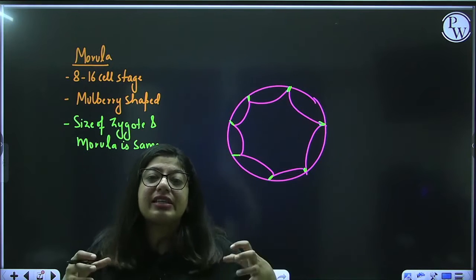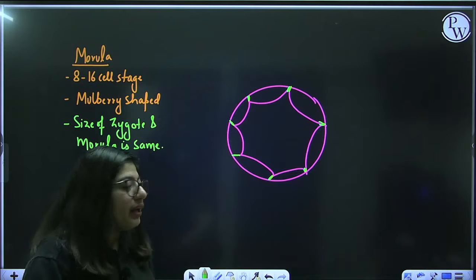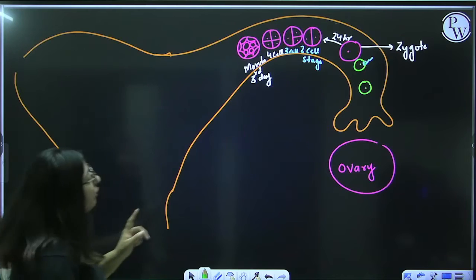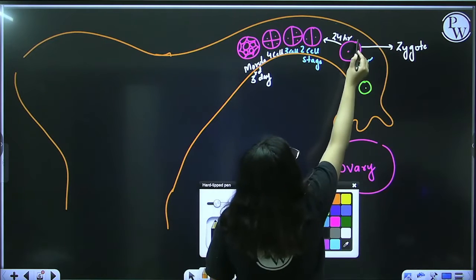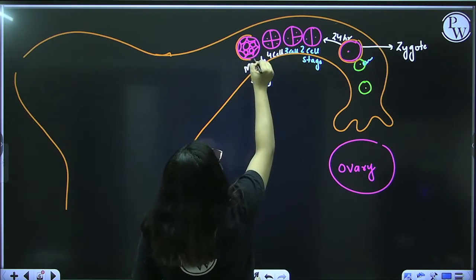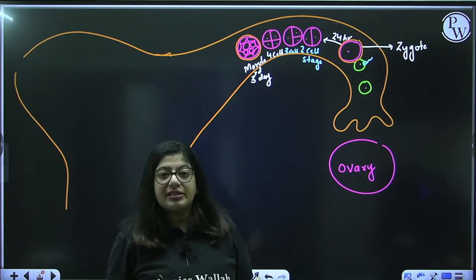Why? Because the zygote still has an intact zona pellucida. This zona pellucida persists up to the morula stage.